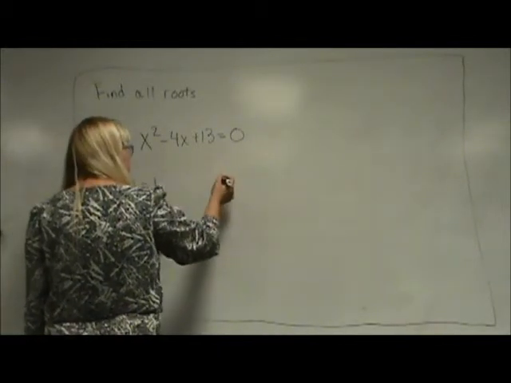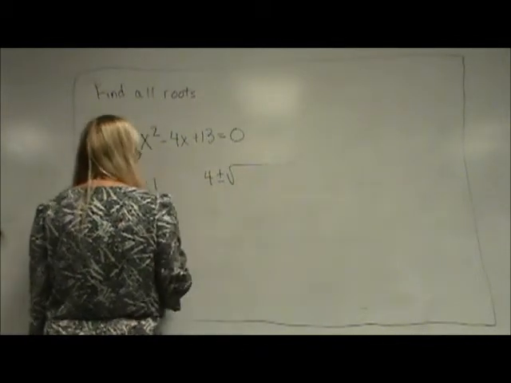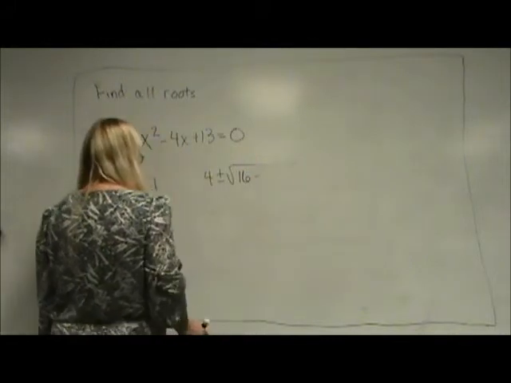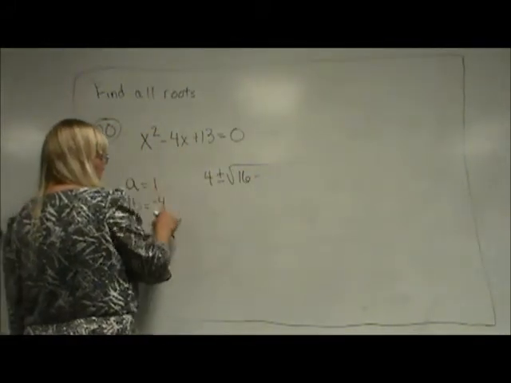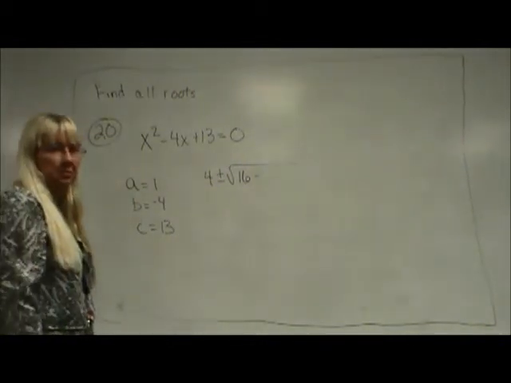So negative 4 is going to be positive 4, plus or minus the square root of negative 4 squared, which is 16, minus 4 times 1, which is 4, times 13, which is 52.